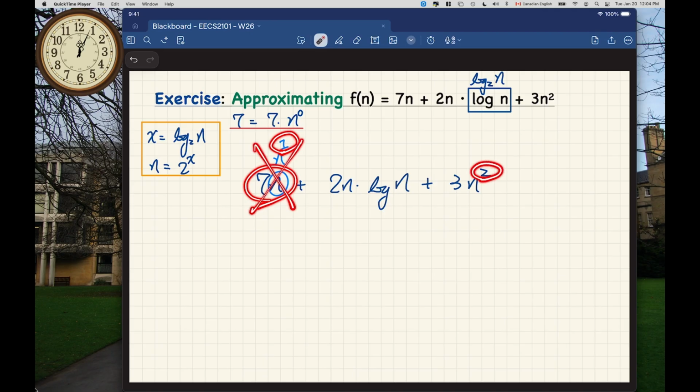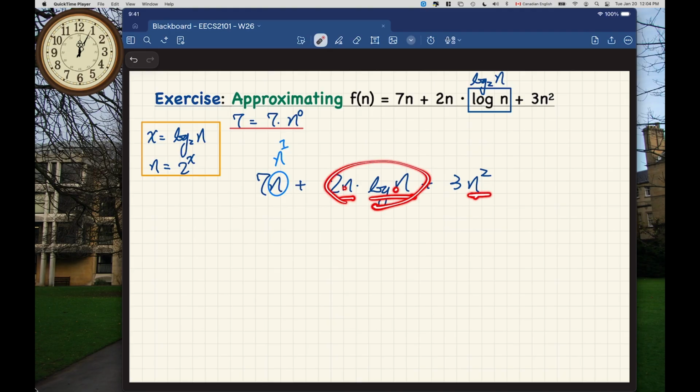So it cannot be this one. It's got to be something that's lower. So now we got to determine between n log n. Here you cannot just look at n and also log n in isolation. You have to look at n log n altogether. Right? So n log n versus n squared. We want to see which one is the higher power. See my point here? All right. So now which one is the higher power?